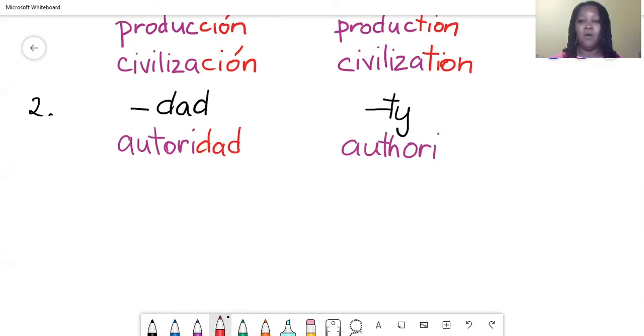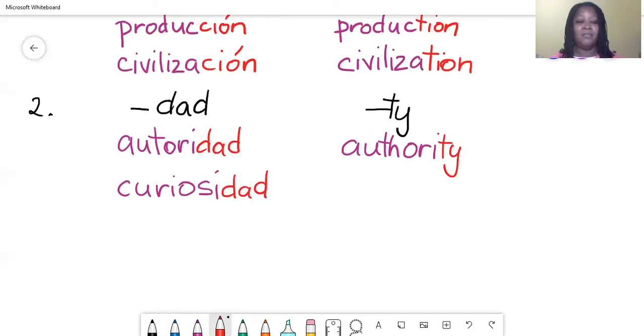Now notice how I pronounced the word autoridad. Every syllable, every letter has to be heard. Let's look at this one. Curiosidad. And this becomes curiosity.